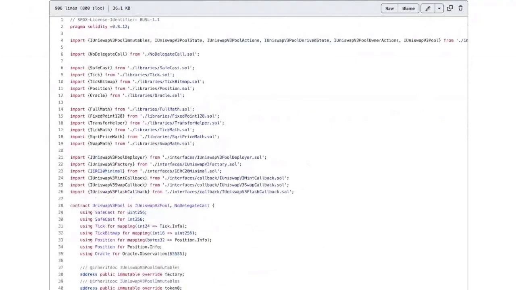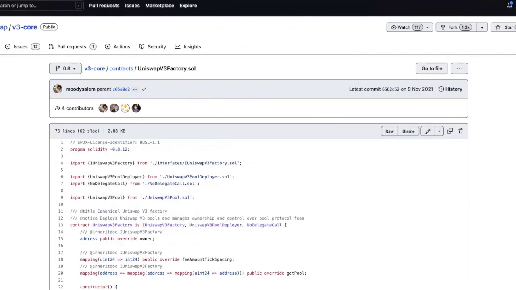That doesn't necessarily imply that it's very user friendly. So I think it makes sense to have a set of contracts on the periphery that are designed to be user friendly contracts for interacting with that core protocol.